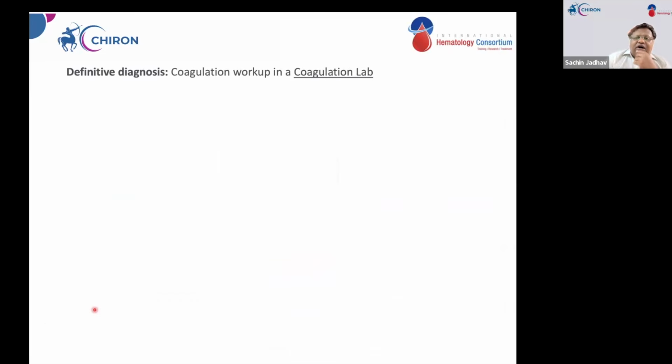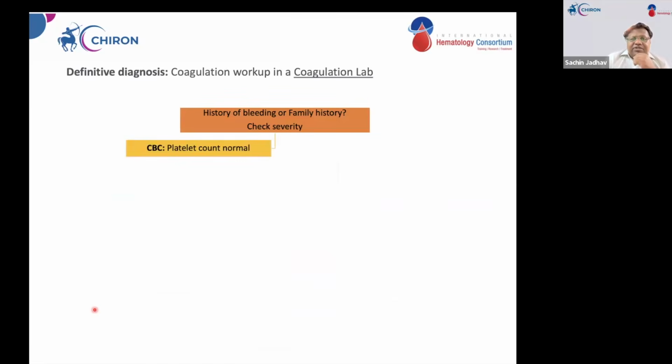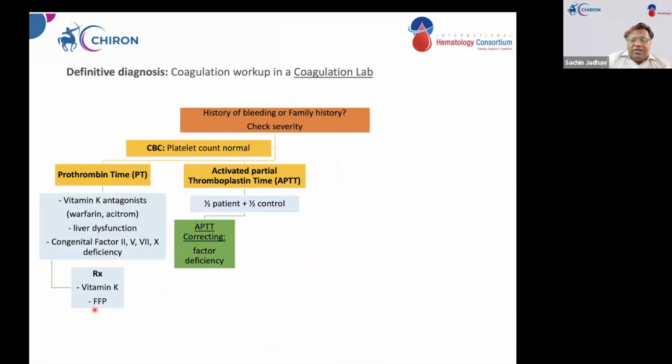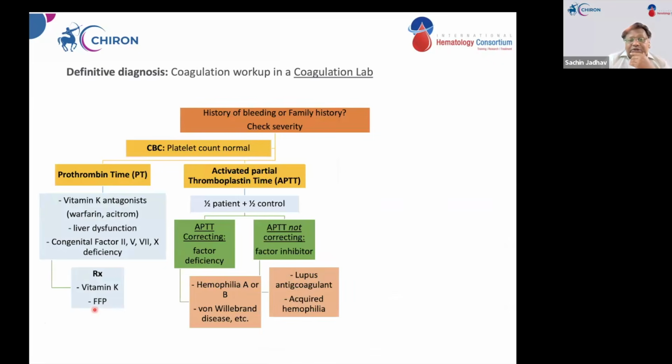Then a little bit of our approach when you actually send a patient to us for thorough coagulation testing, those who have serious bleeding. We take a history, we'll check the platelet count. If that's normal, PT is prolonged, those are our differentials, right? APTT is prolonged, I told you we look for factor deficiency or an inhibitor, that is lupus anticoagulant or acquired hemophilia.